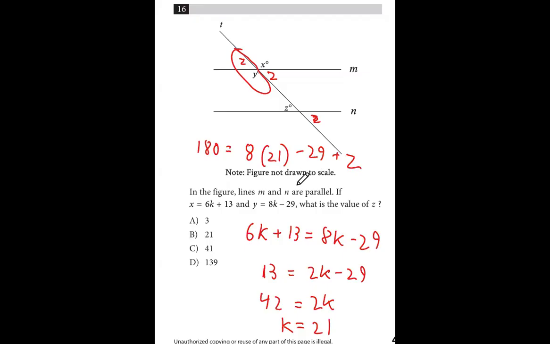That would get us 139. So 139 plus Z is equal to 180. If we subtract 139 from both sides, we get Z is equal to 41. So the correct answer is Z is equal to 41. Our answer is C.